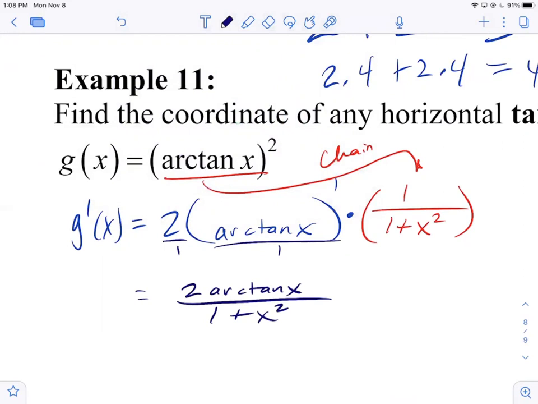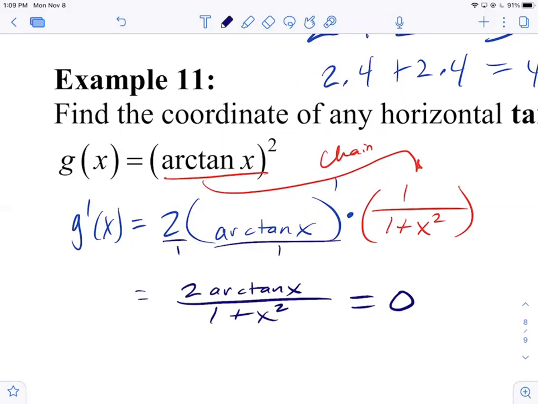Now, for horizontal tangents, you have to show the equation you're solving. So we'll set it equal to 0. If you're using it more than once, like when we get to chapter 3 and we find critical values, we'll use it more than once. But if we're just finding horizontal tangent lines, that's when it's 0. So we'll set the whole thing equal to 0 right there. And now we will not multiply both sides by 1 plus x squared.